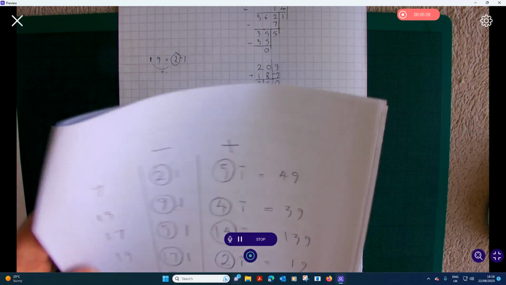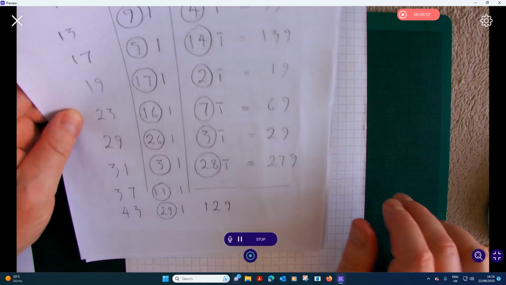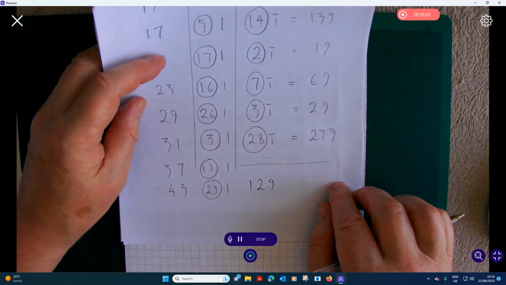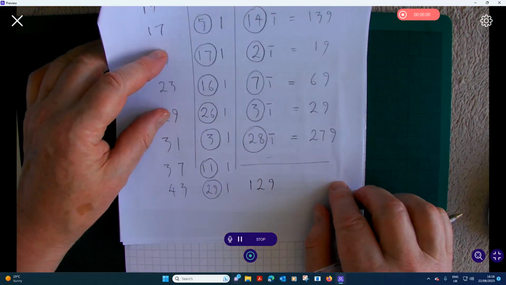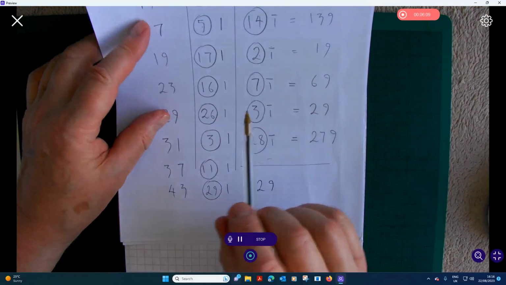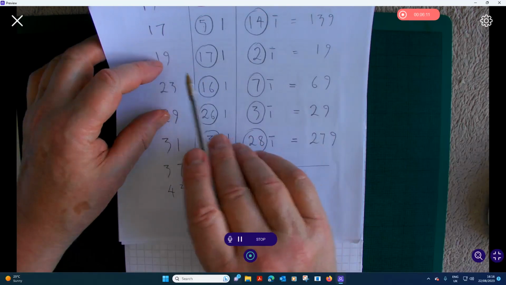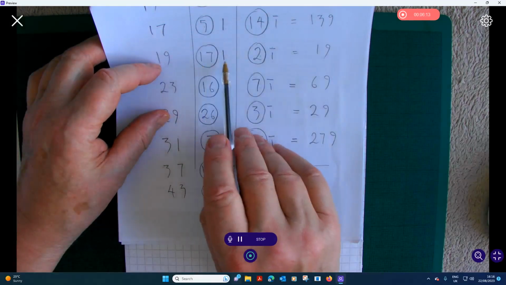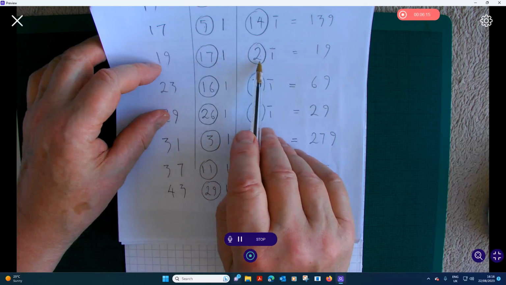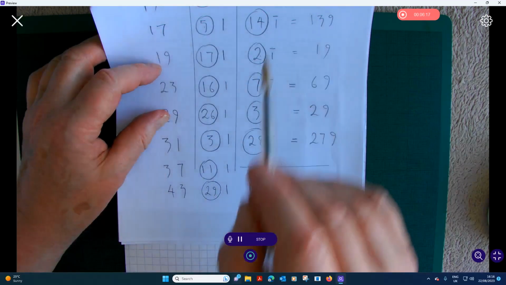So this gives us the system, and we now know how to use either numbers which are 1 above a multiple of 10, or 1 below, if we remember to add and subtract.